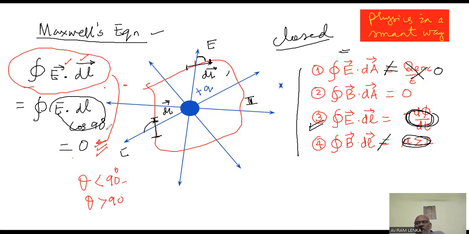We know in a closed path, the sum total of potential gains or losses must be 0, and this E·dl is nothing but gain or loss of potential. So if you are convinced now, we have established one of the so-called Maxwell equations, that is number 3, using our simple logic.